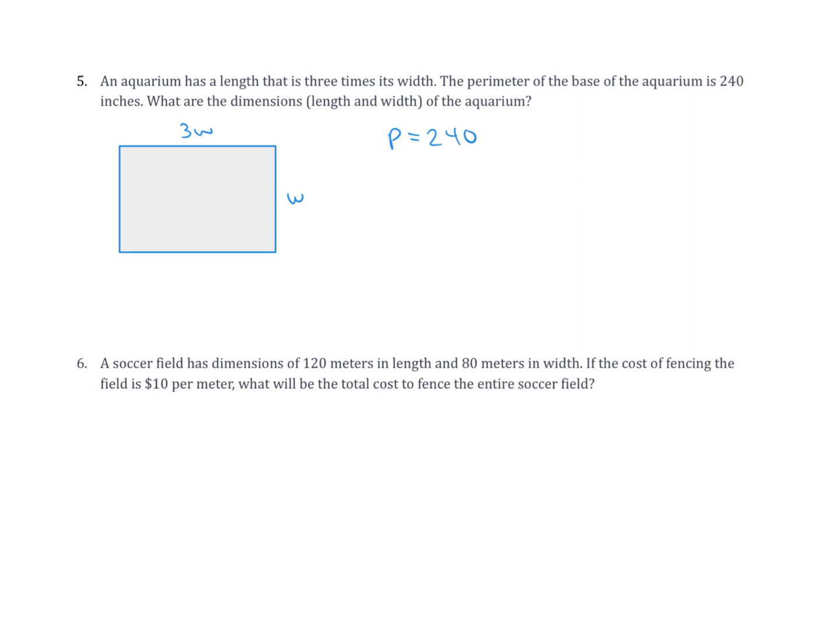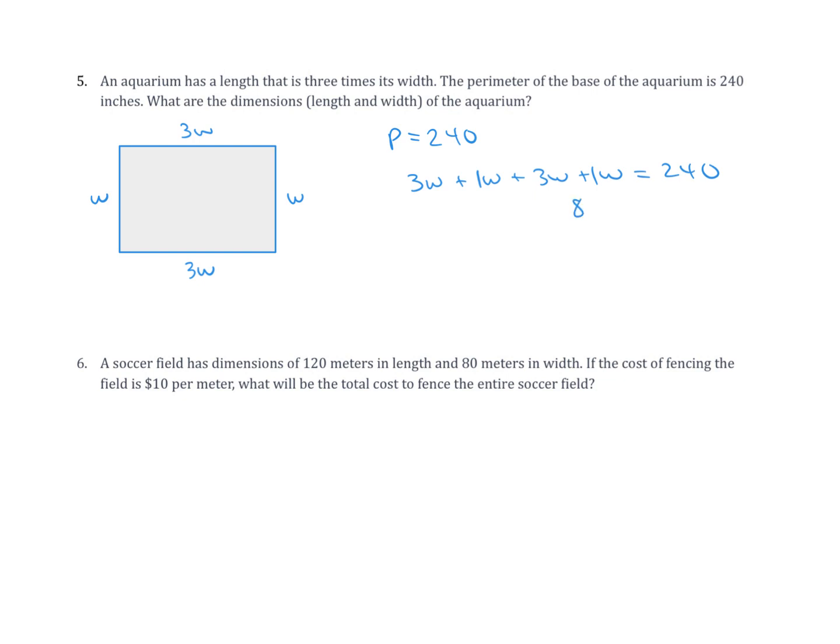So I want to make an equation that's going to let me solve for W. When I find the perimeter, I add up all the sides. So this would be 3W, and this would also be W. If I add all those together, 3W plus W plus 3W plus W, and set that equal to 240, now I have an equation I can solve. So I'm going to add all those together, combine like terms. These are like 1W.